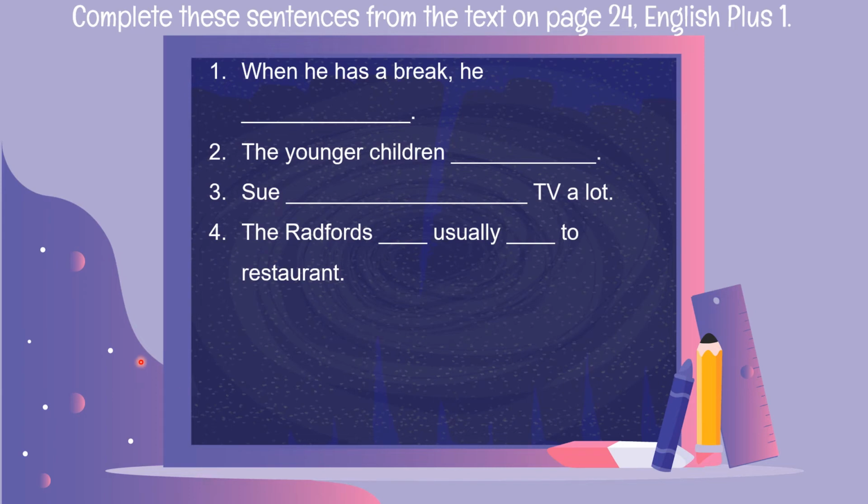When he has a break, he doesn't relax. Good. Now, number 2. The younger children... Yes, the younger children don't help. Number 3. Sue doesn't watch TV a lot.